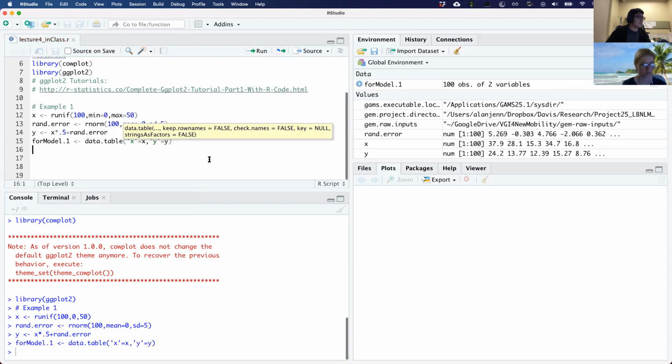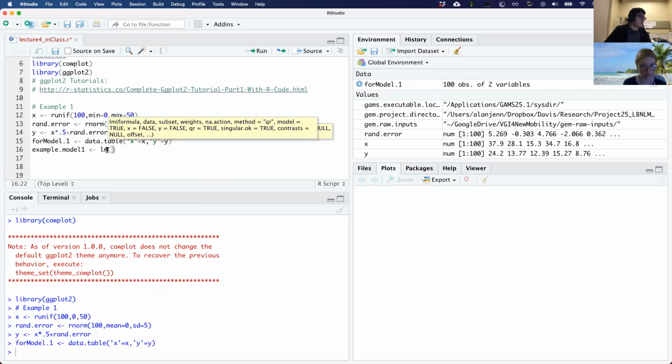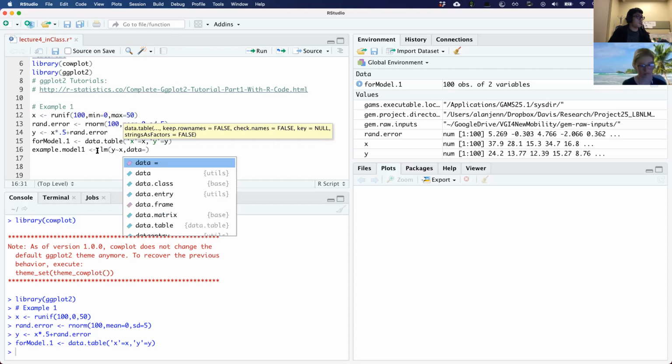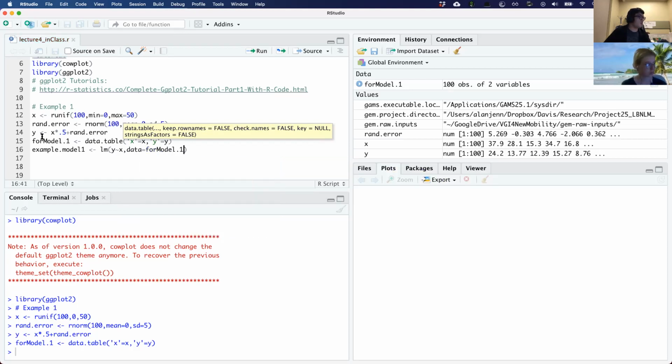So now we'll have a data table, and then we'll just create our model, which, as a refresher, is lm, standing for linear model, and I'm going to regress Y on X. The data I'm drawing from is model.1, as we defined in line 15.